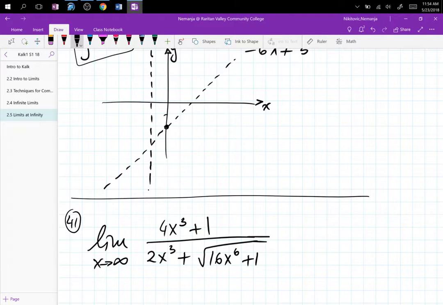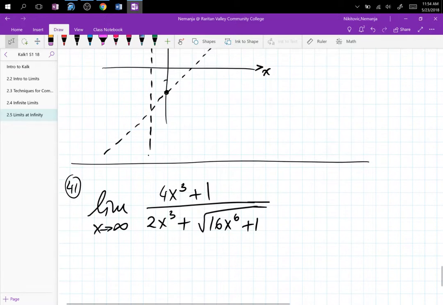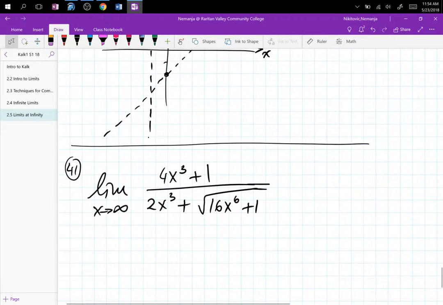And if anyone goes, but why? Because we can, all right? Can anyone tell me the answer just by looking at this? It's obviously 2/3.